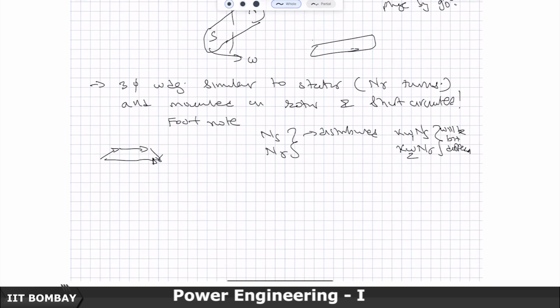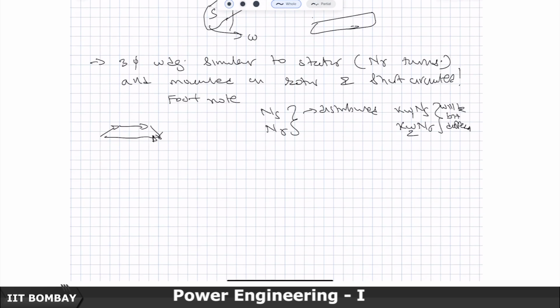Good. Now, can you make a connection with the transformer here? You may find it a bit difficult to answer immediately. For that reason, I will talk of a 3 phase transformer.